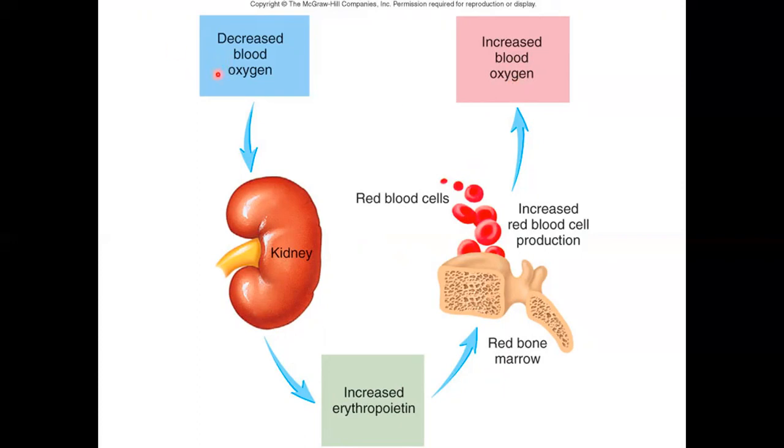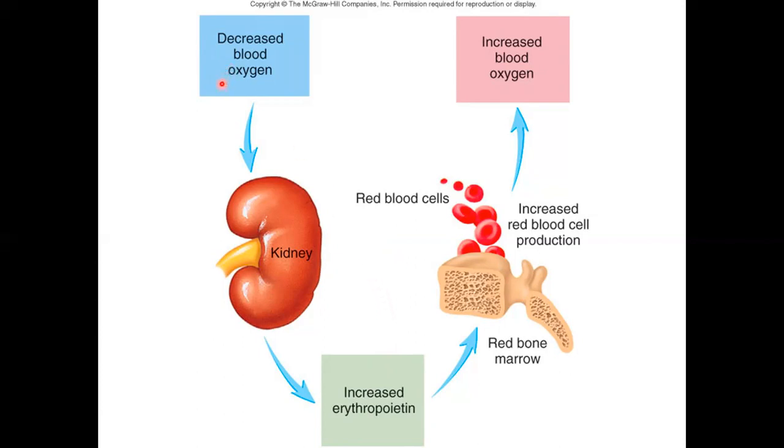When do we trigger this pathway? Let's say we go up to Big Bear or Victorville, the high desert, where there's less oxygen because altitude's higher, right? The higher you go in altitude, the less oxygen there is. That's going to trigger your kidney to release erythropoietin.